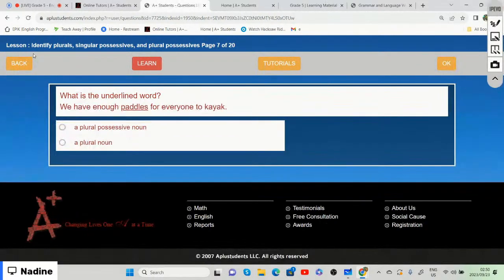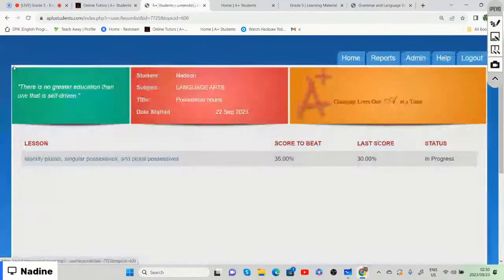All right, so grade 5, this is now the end of our lesson on possessive nouns. We spoke about plural nouns, singular nouns, as well as singular possessive nouns and plural possessive nouns. So remember, possessive nouns show ownership, that something belongs to someone.